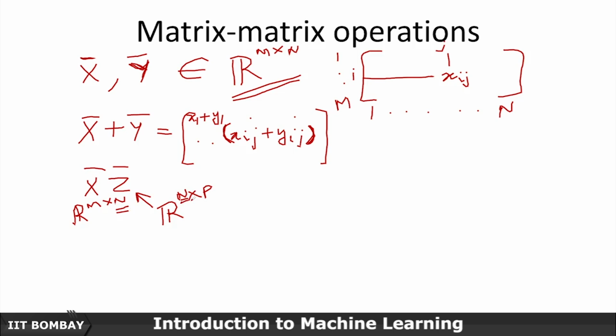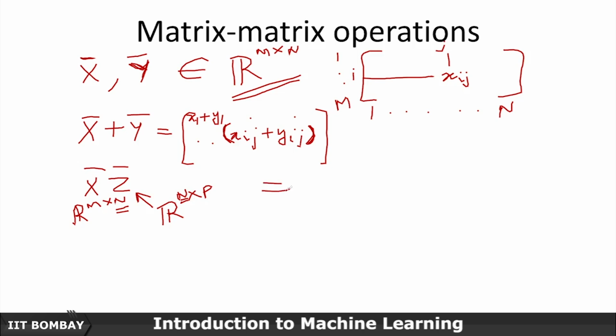If p and m are not the same, then I cannot exchange it. I cannot do Z times X. I can only do X times Z if the number of columns of X match the number of rows of Z.